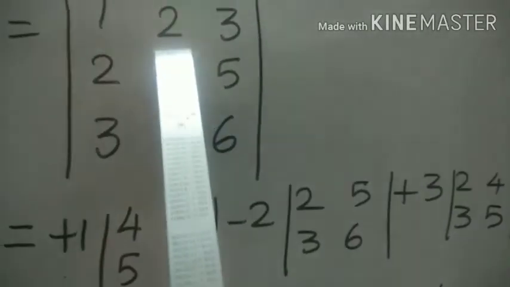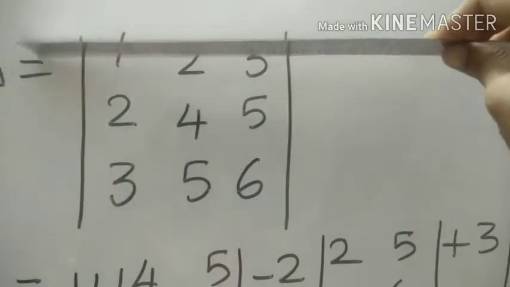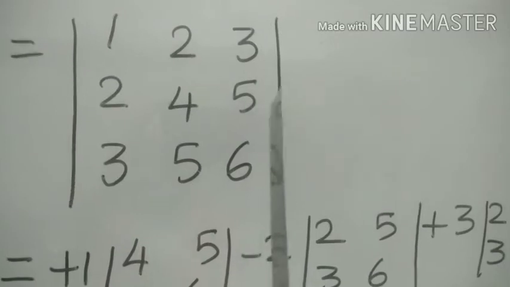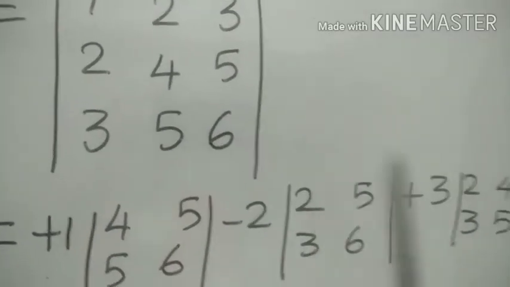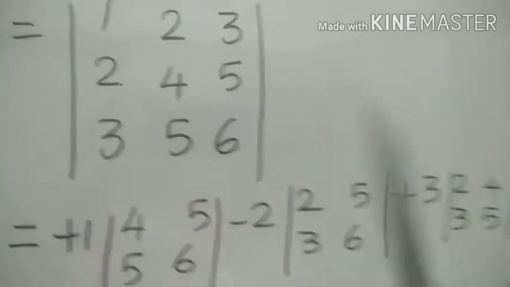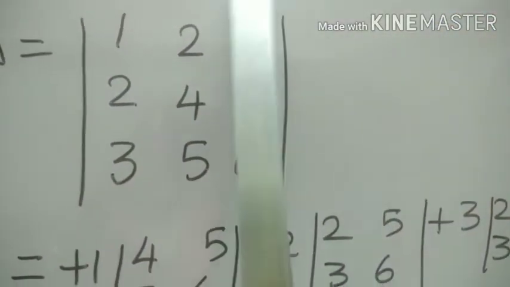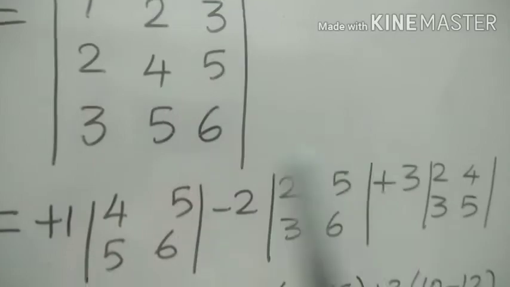Similarly, when I write minus 2, hide first row and hide second column. I have 2, 5, 3, 6. And when I come to 3, hide first row and last column. I get 2, 4, 3, 5.